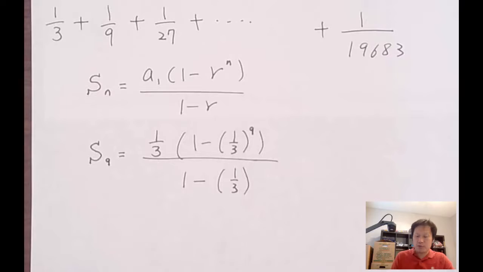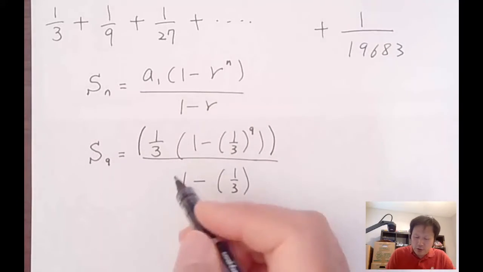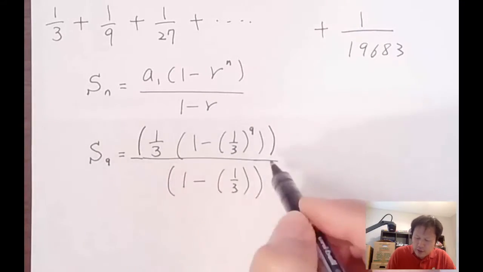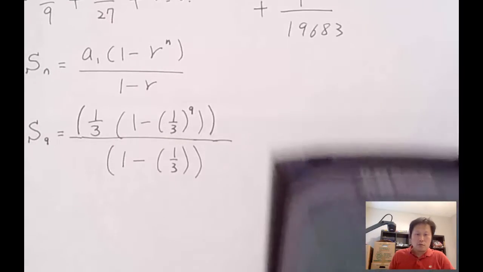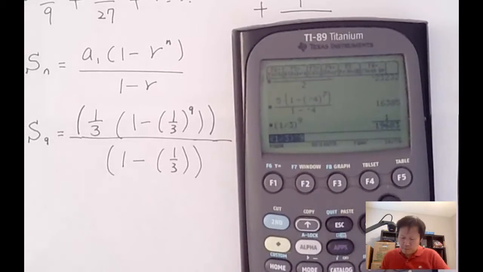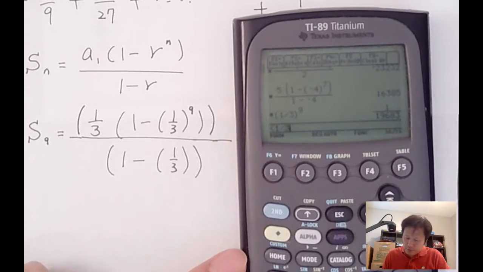All you have to do is plug that into the calculator. Again, if your calculator does not have a fraction key, you want to parenthesize the entire numerator and the entire denominator when you type it in. So: parenthesis 1/3, parenthesis 1 minus parenthesis 1/3 to the power of 9, close, divide by parenthesis 1 minus parenthesis 1/3, close.